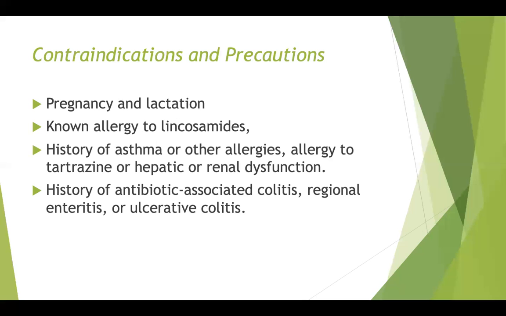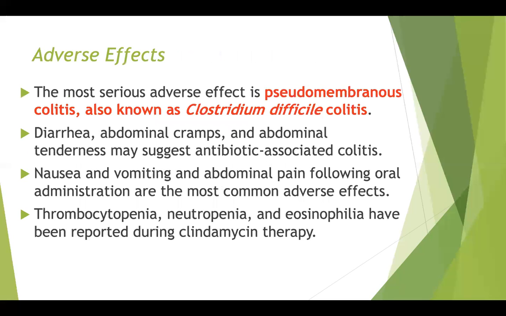So the patient will be having these superinfections. The most serious adverse effect is pseudomembranous colitis, also known as Clostridium difficile colitis. So the patient will be having diarrhea, abdominal cramps, and abdominal tenderness, which may suggest antibiotic-associated colitis.